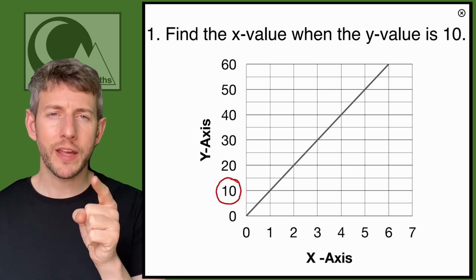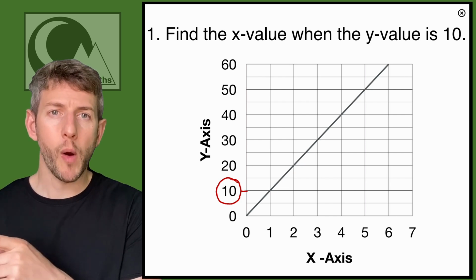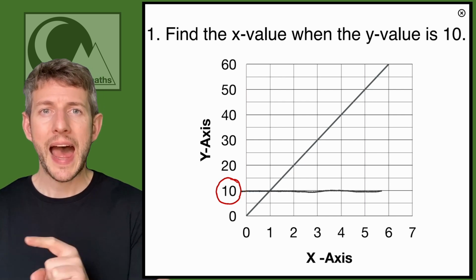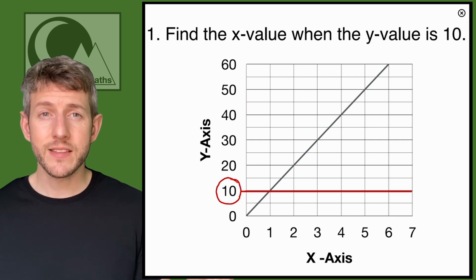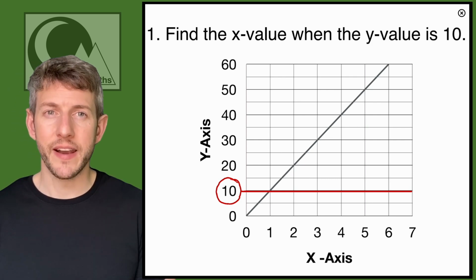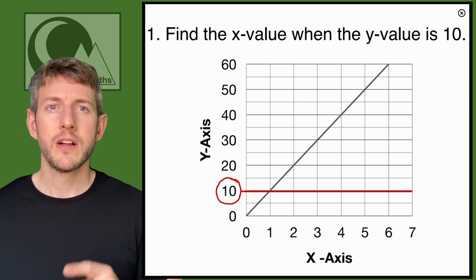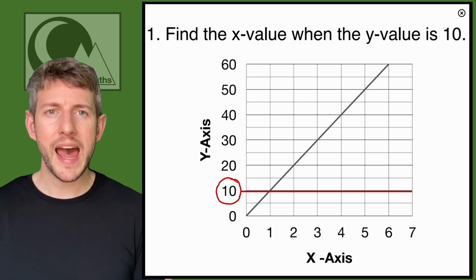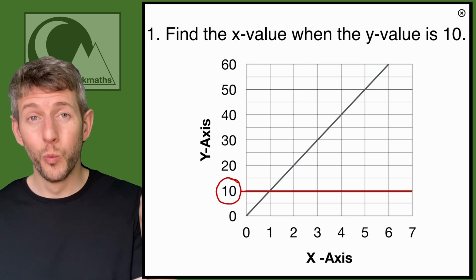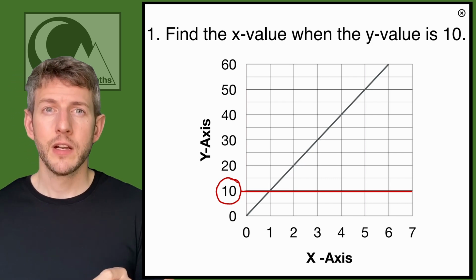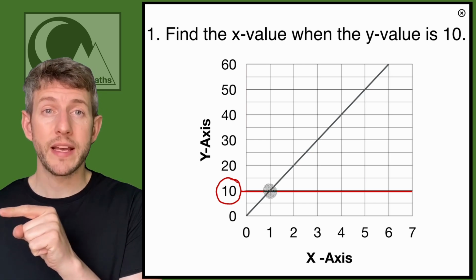Now, I've identified where y is 10. If I draw a horizontal line along from here, every point on this horizontal line is where y is equal to 10. But I want to use this graph to find out the value of x on the graph when y is 10.